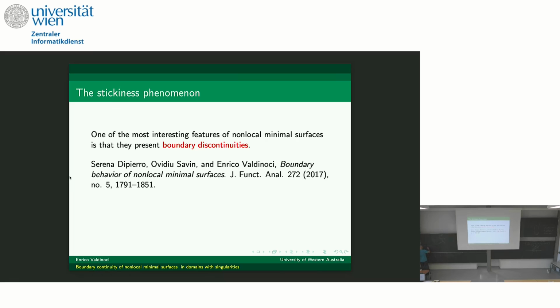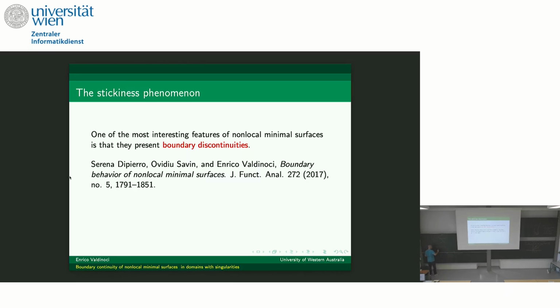So if E is s-minimal in omega, then for every x in the boundary of E intersect omega, the s-mean curvature is equal to 0.